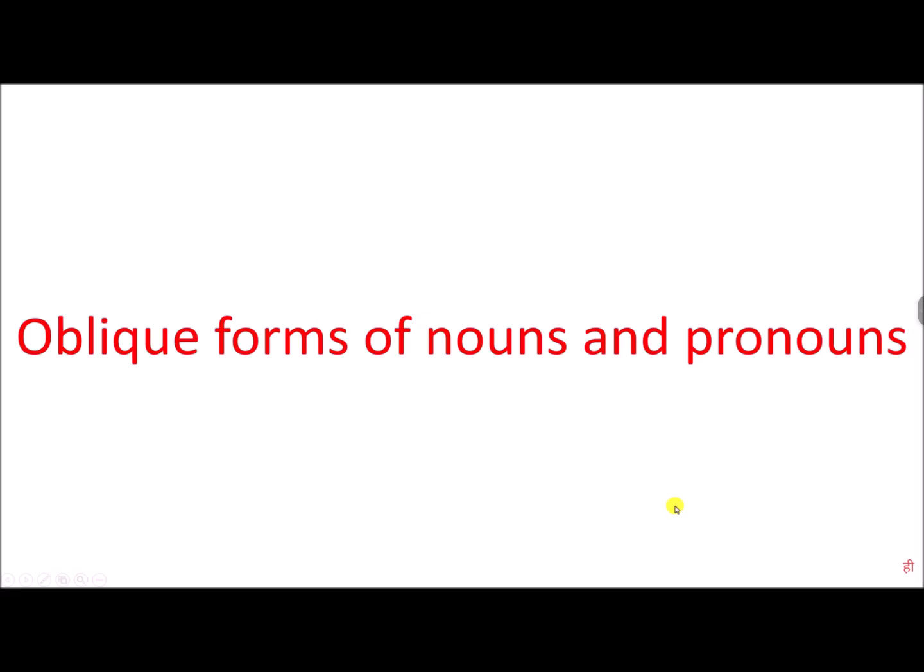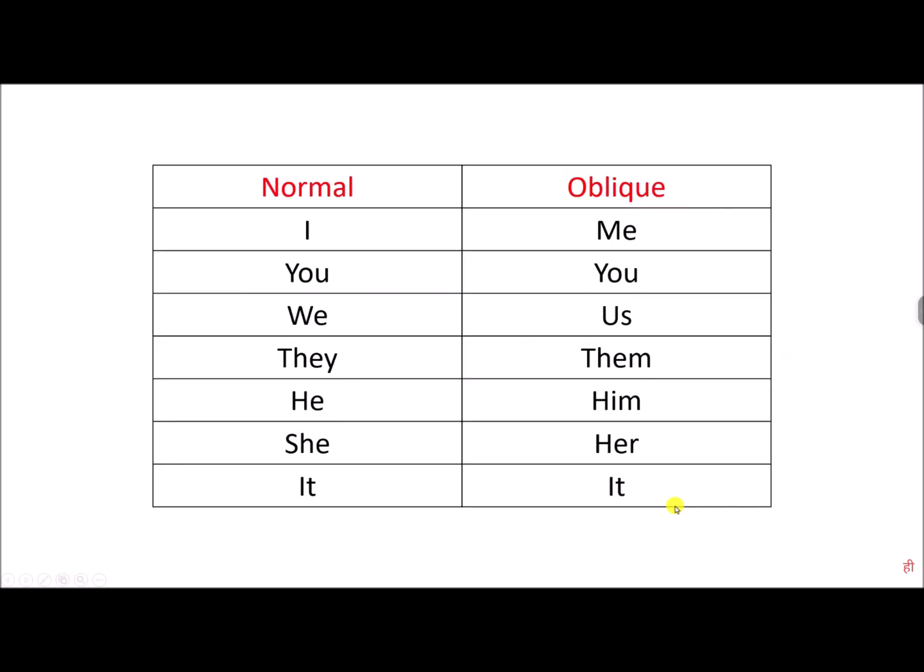In this video, you will not learn the application of oblique forms, because I do not want to teach everything to you in one video and confuse you. In this video, it is only forming the oblique nouns and pronouns. So let us start learning with this example.